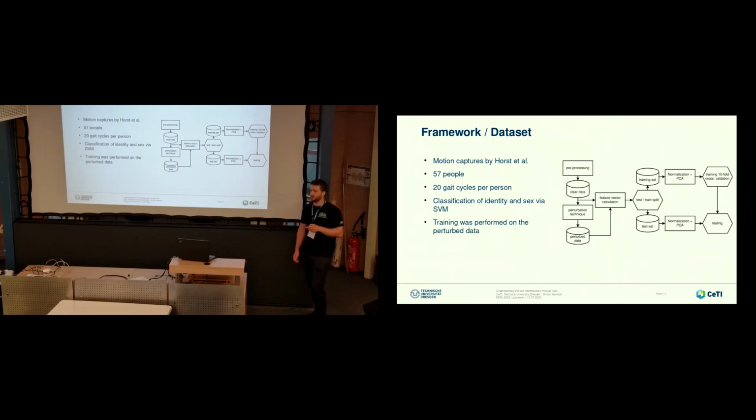And the training was always performed on the perturbed data, so on the data as you saw it before, so that the machine learning system can then find if there's still identifiable information in there. Okay, and so for each, we then performed normalization and normal PCA, and then did regular machine learning flow.